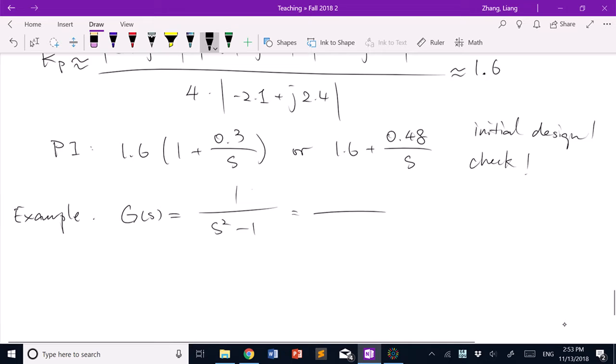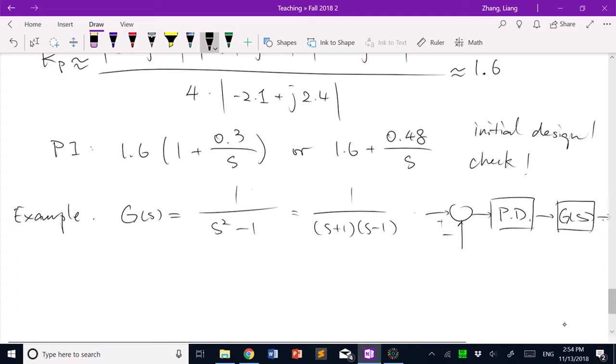Apparently you have two poles, one at -1, the other at +1, since the plant itself is unstable. And our goal now is to use a PD controller to stabilize the system and to achieve certain performance metrics.